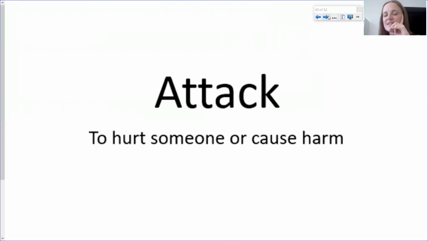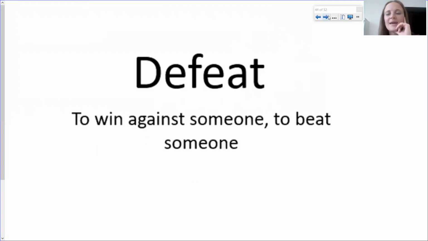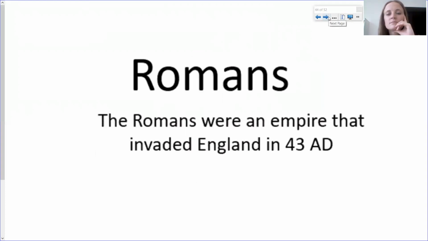Attack. An attack obviously means to hurt someone or something and to cause harm. So we know that Boudicca's army attacked the Roman tribes. Defeat. To defeat means to win against someone or to beat someone.